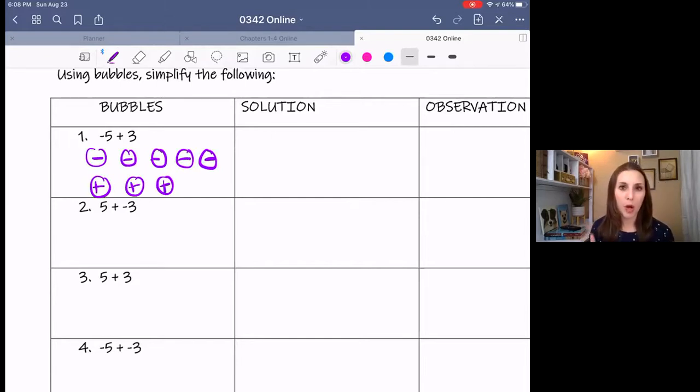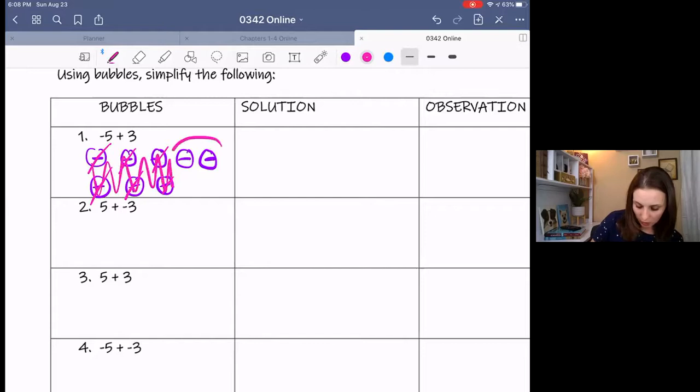So how many bubbles are going to pop? 3. Well, 6. 3 pairs. I should say how many pairs of bubbles are going to pop. 3 of them popped, and we're left with -2 bubbles.